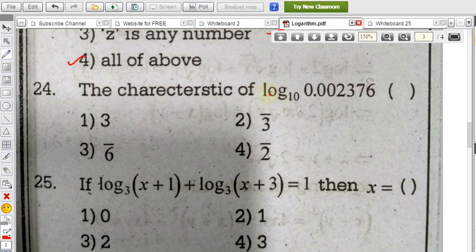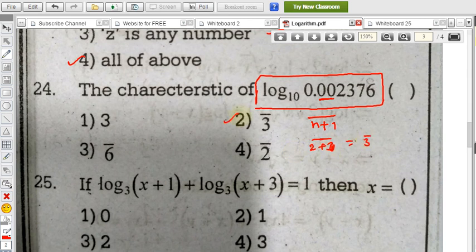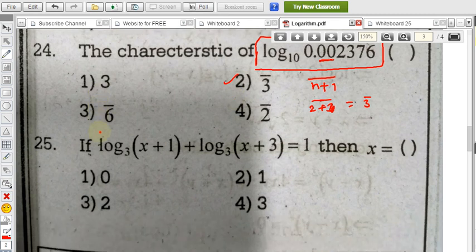If you want the characteristic of a particular decimal value, after the point, if there are n zeros after the decimal, so there are 2 zeros, then the characteristic is n plus 1 bar. So 2 plus 1, 3 bar. That's the answer. Number of zeros you should always take after the point to find out the characteristic.